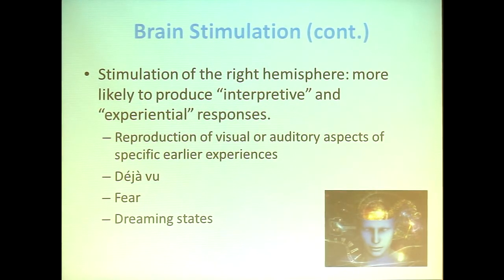Those are memories that are triggered. But this one's particularly interesting, déjà vu. People have an experience of déjà vu, which suggests that when we experience déjà vu, maybe there's a little bit of something that's misfiring in our right hemispheres. Fear and dreaming states also come from the right hemisphere.